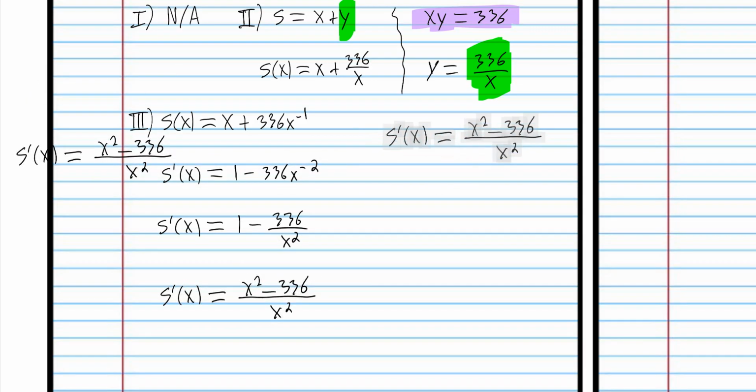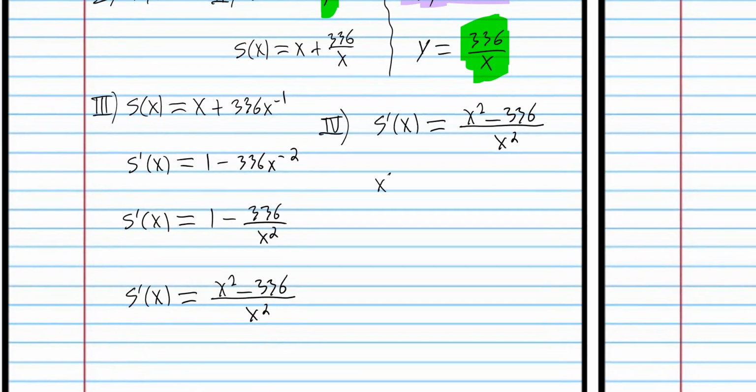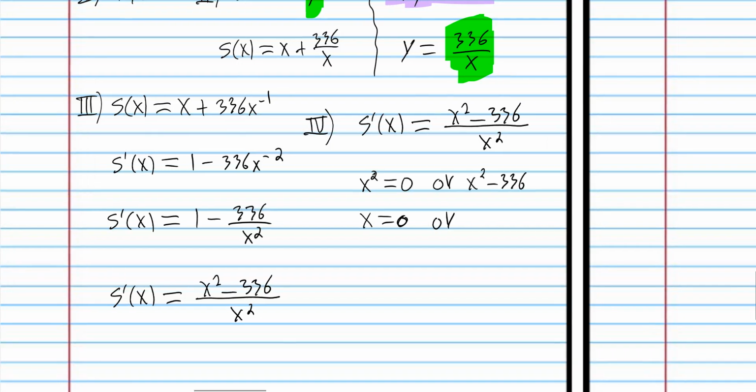The critical numbers are the x values where the derivative is either 0 or undefined. So obviously if x is 0, then the derivative is undefined. But if x squared minus 336 is 0, the derivative is 0.